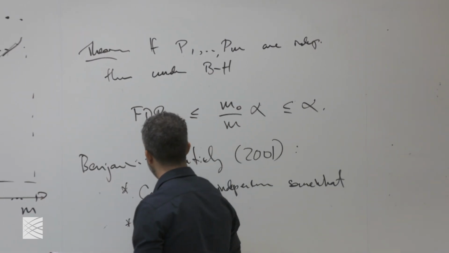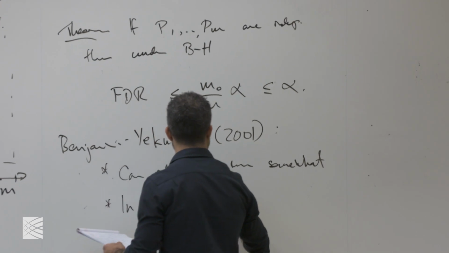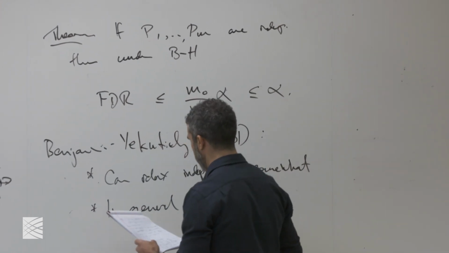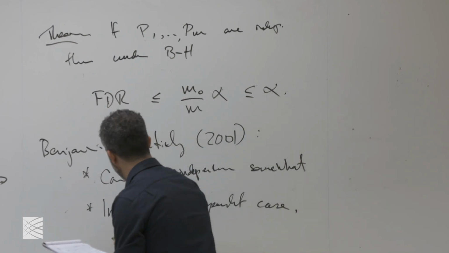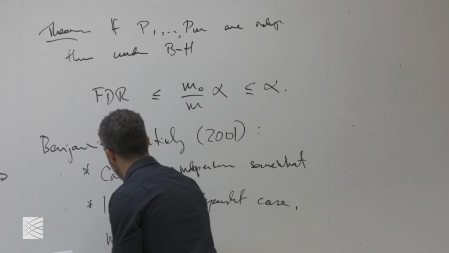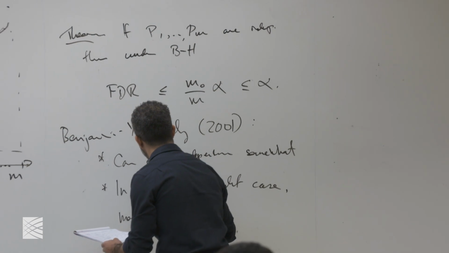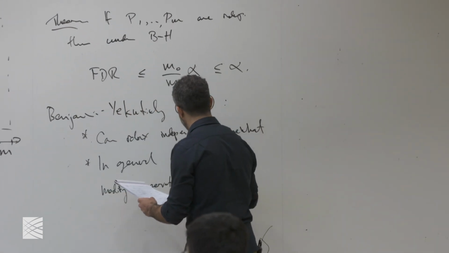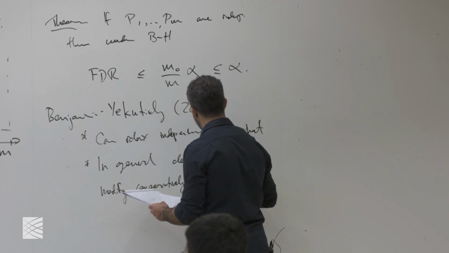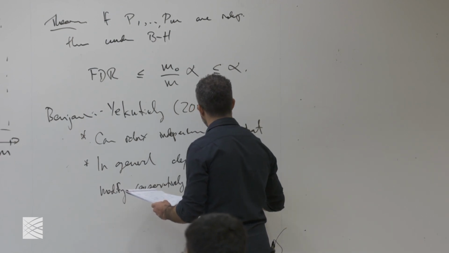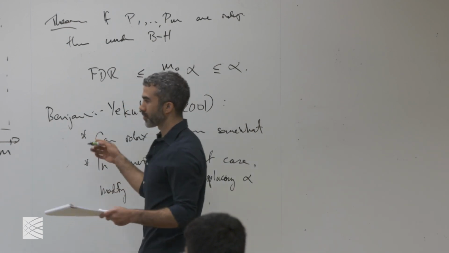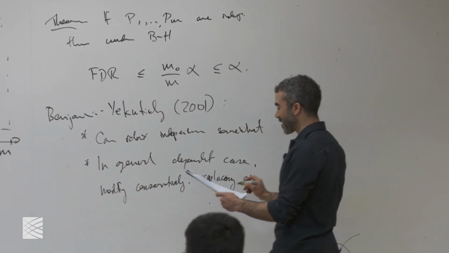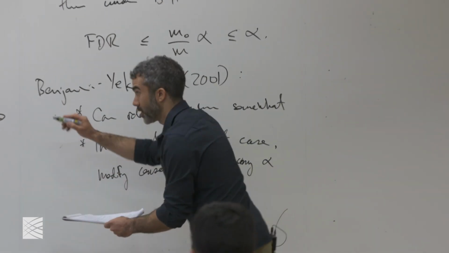Okay, so in general dependent case, modify conservatively, replacing alpha. Sorry, my writing gets worse and worse as the talk progresses because I'm rushing more. But you replace alpha in the procedure.